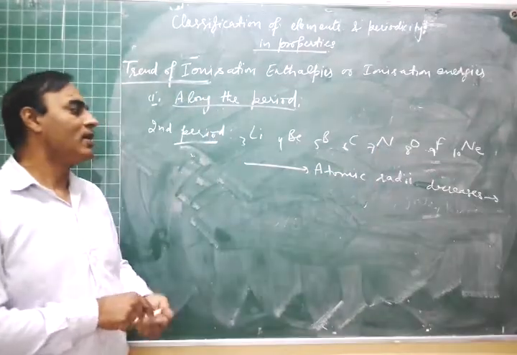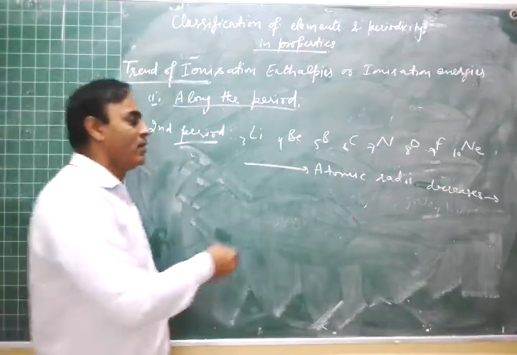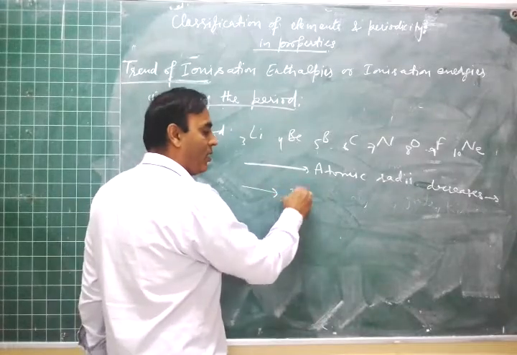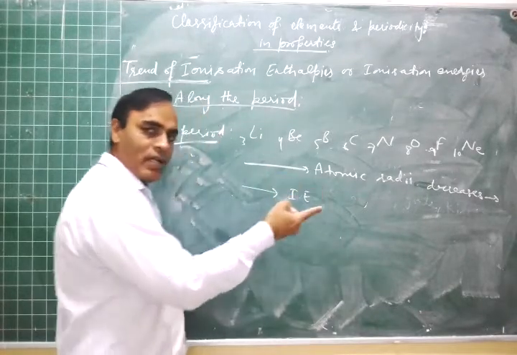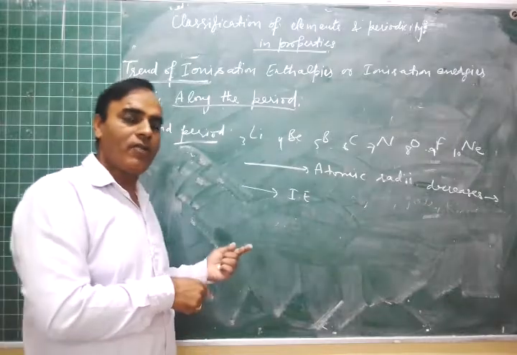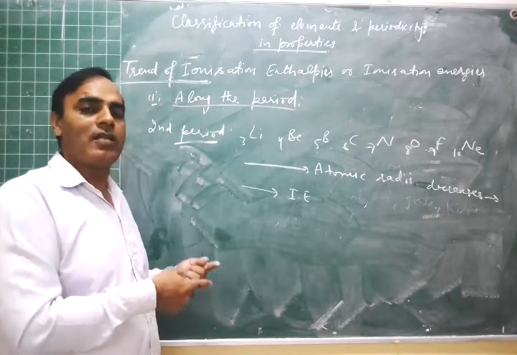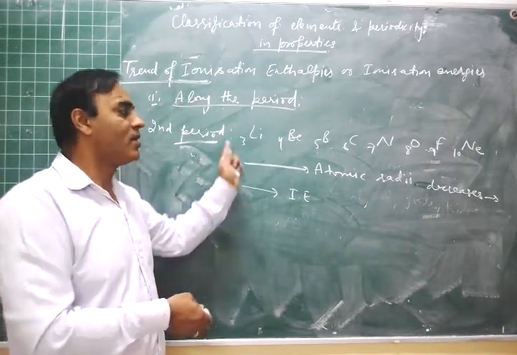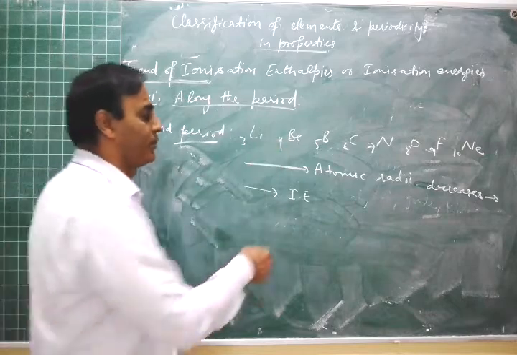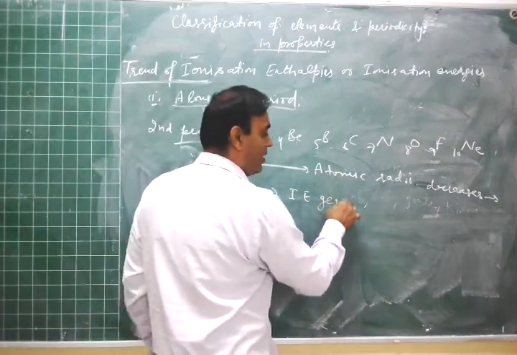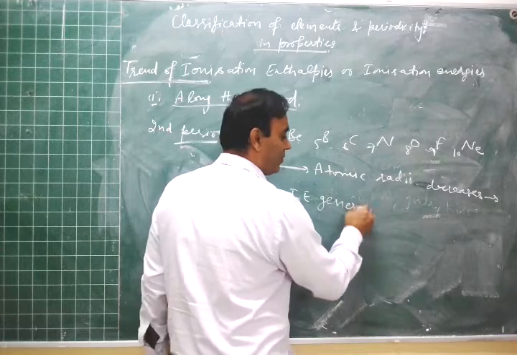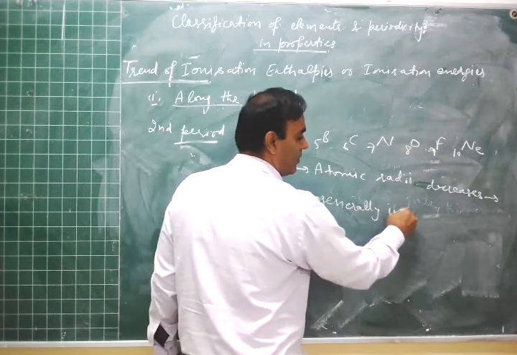So we can say that as we move along the period, the ionization energy or enthalpy increases. Or better, we will say that it generally increases, because there are some exceptions in this series. So we write here generally increases.